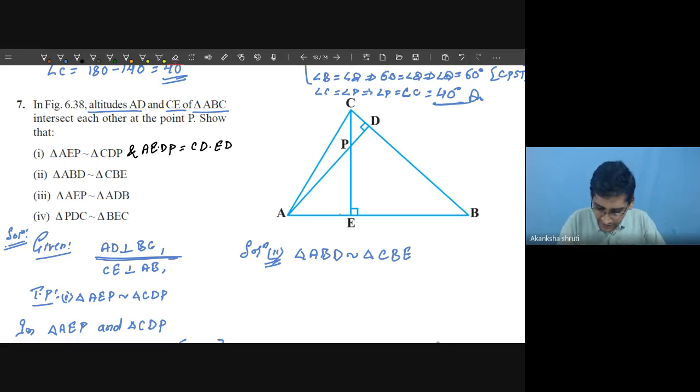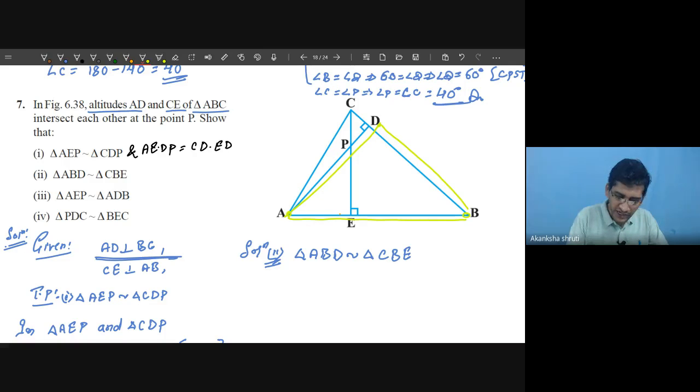Observe carefully. ABD, where is our A? Start with A. Go for the B. Observe this. A to B, I need to move like this. Then it is going to D. Where is D? It is this one. Means this is the triangle.